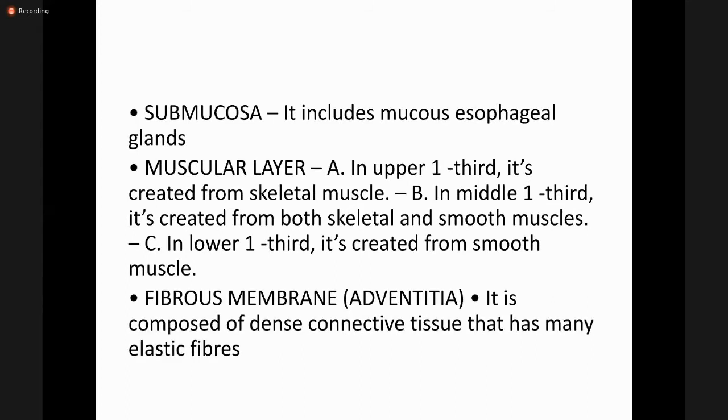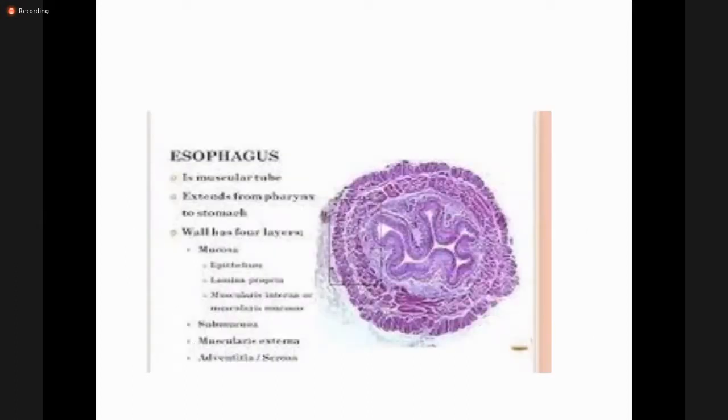Then comes the adventitia, the outer layer, which is composed of dense connective tissue that has many elastic fibers. So it has got all the four layers. In this picture, you can see in the center the mucosa, and then submucosa and muscularis, and then adventitia.